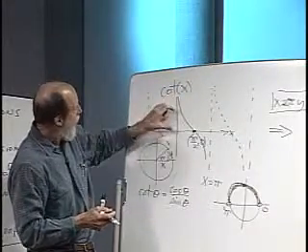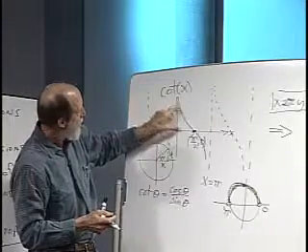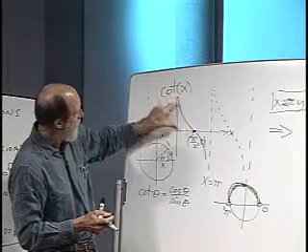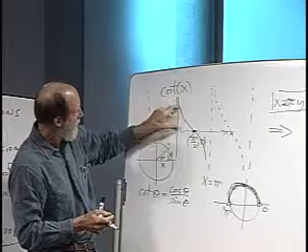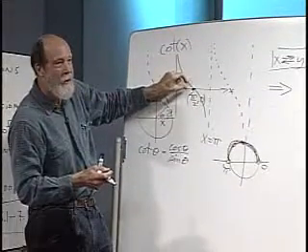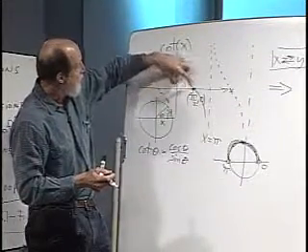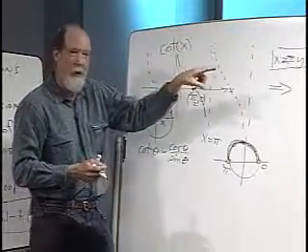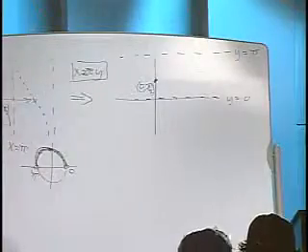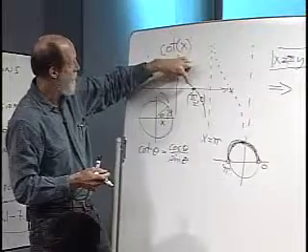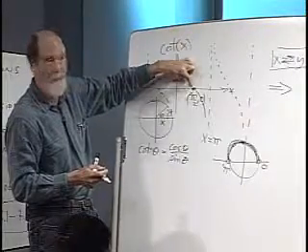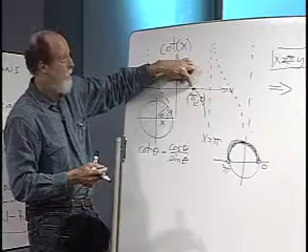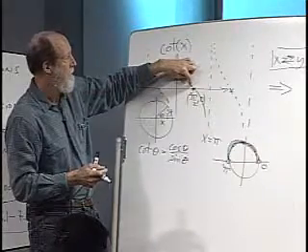Notice that the y values here are positive on this graph. So are the x values, right? So that means you're going to show up in what quadrant for this portion of the inverse? It's going to show up in quadrant 1.